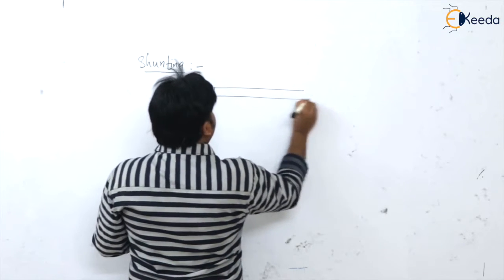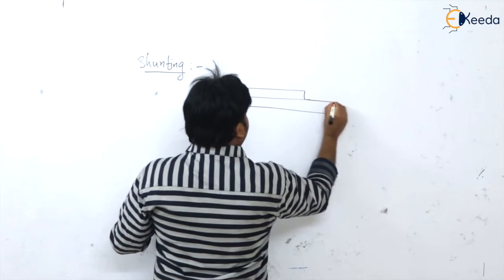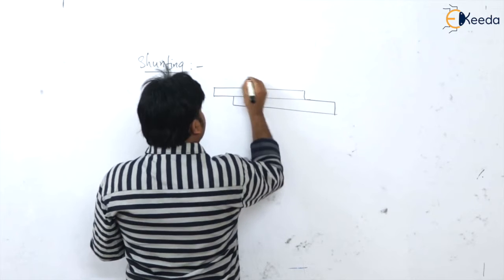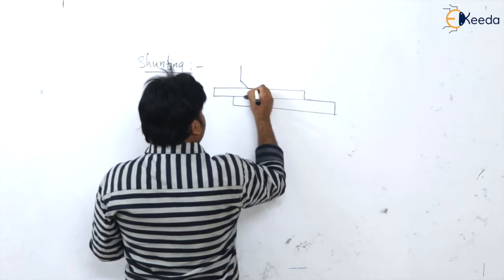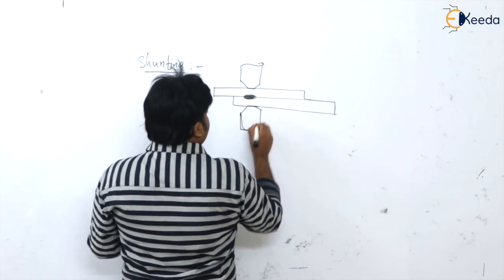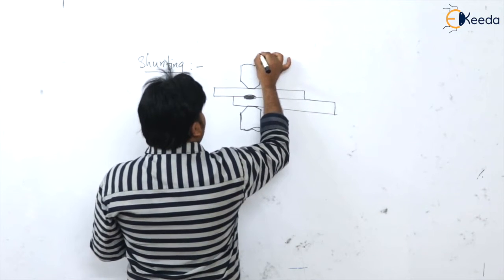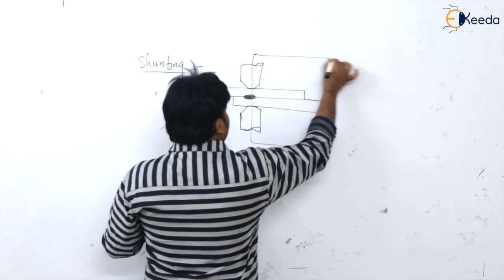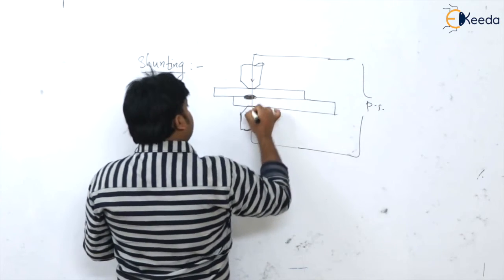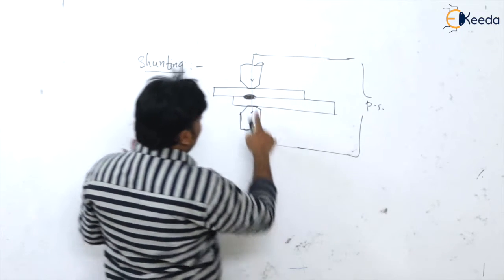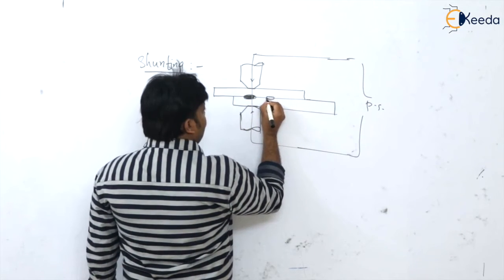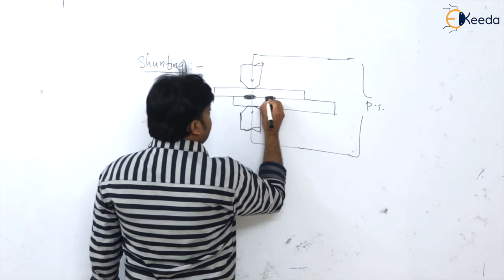So what is happening actually in spot welding? If this is the spot, suppose you require a current of 10,000 ampere. Of course this is the power supply. When we go for the next spot, again for this spot also we require 10,000 ampere current.